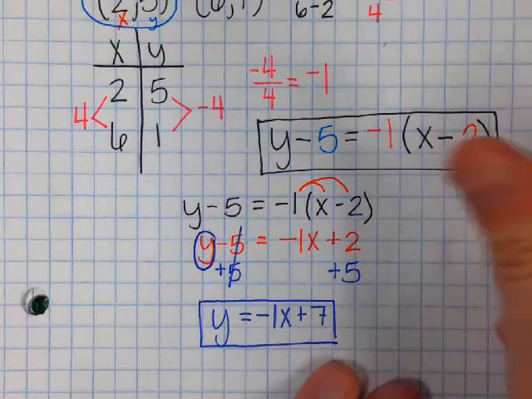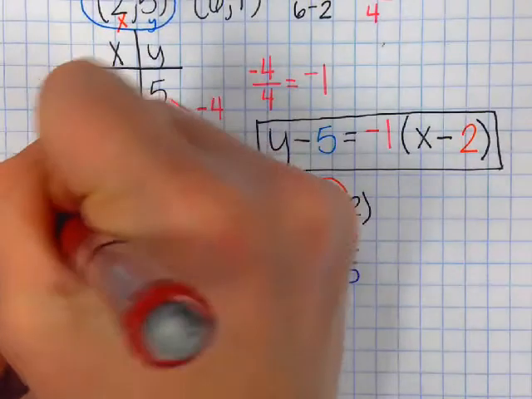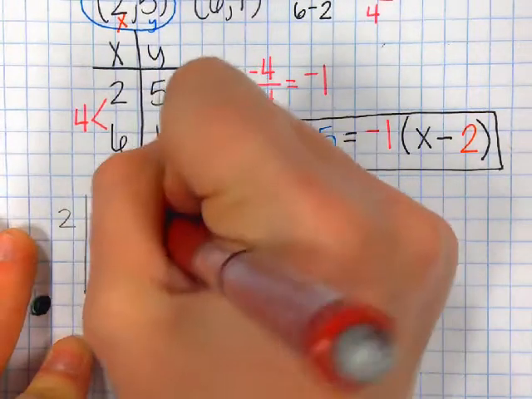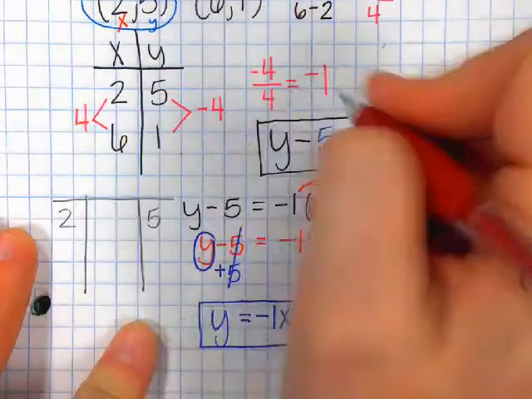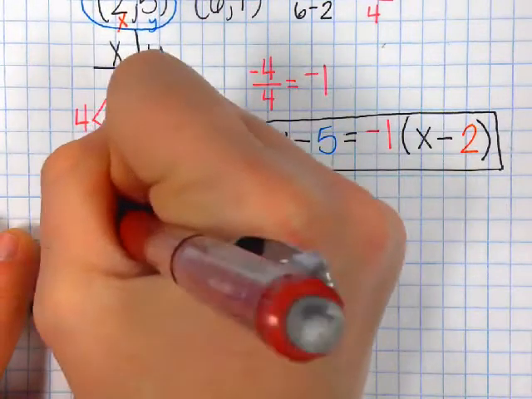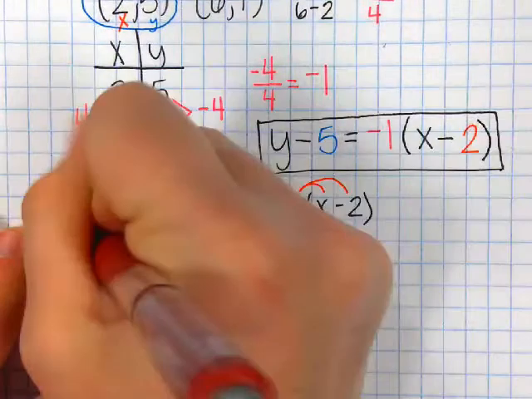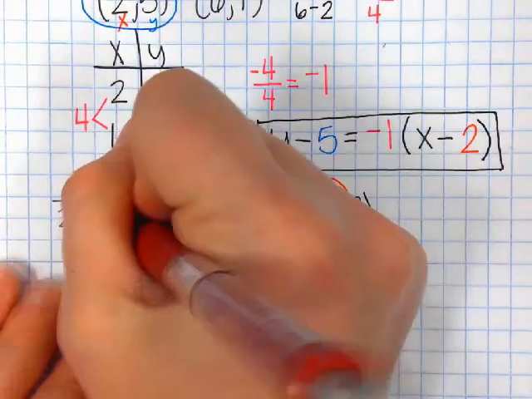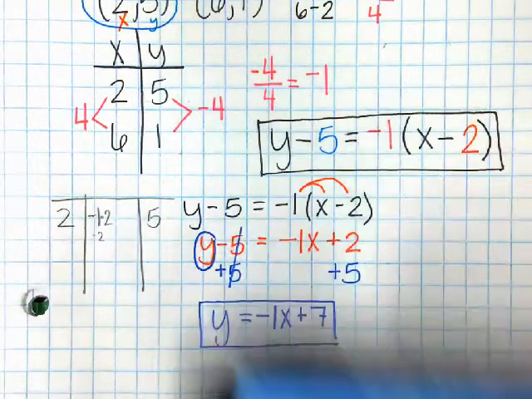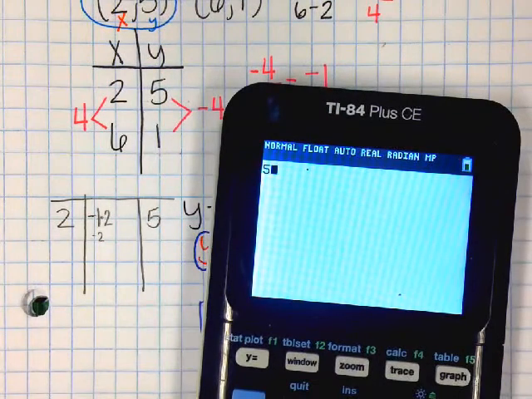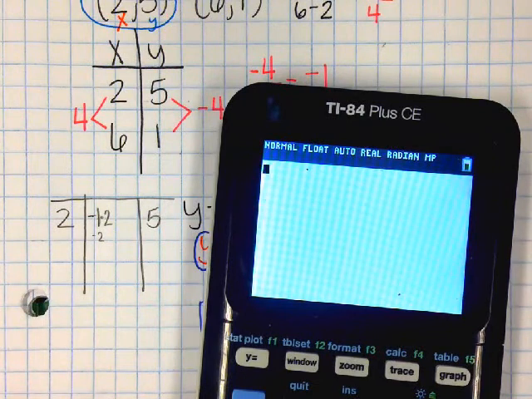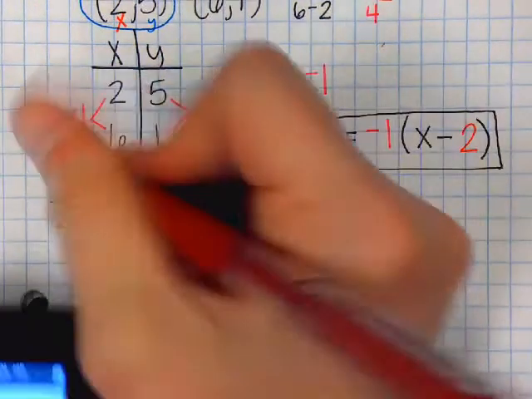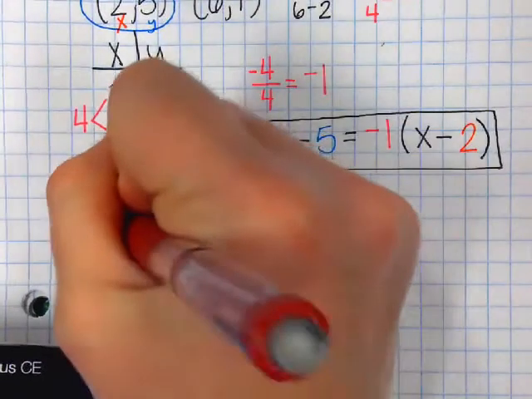I'm going to go ahead and just use the process column so that you can see it over here. So 2 to 5. We said the slope was negative 1, so it'd be negative 1 times 2, which is negative 2. And then plus what, or if you do 5 minus negative 2, sorry because I forgot the negative, would be 7.